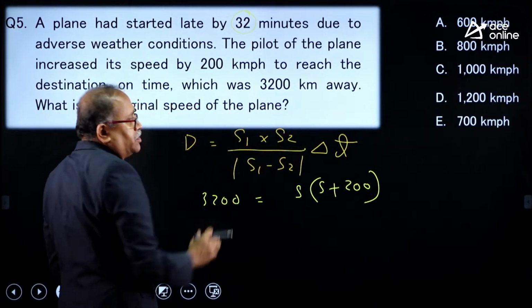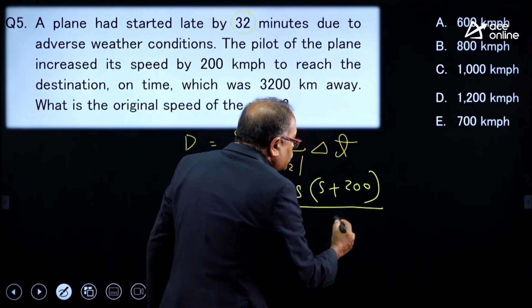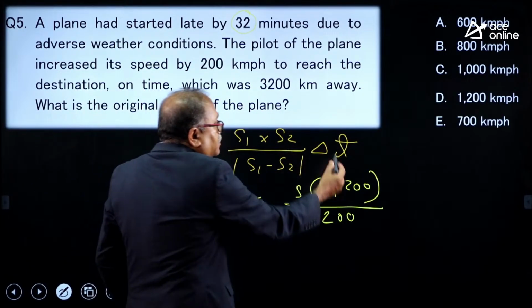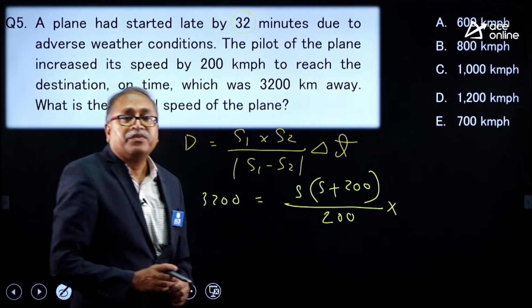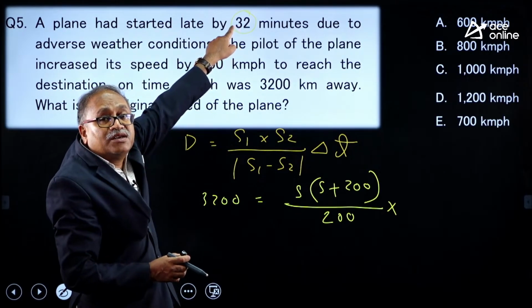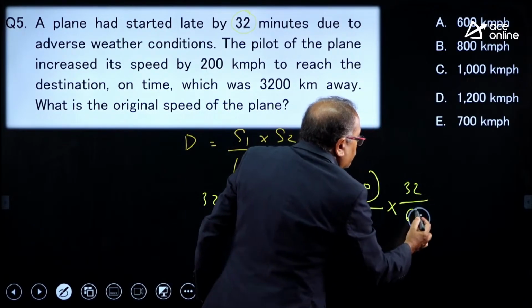So, that is S1 into S2 divided by S1 minus S2. The difference of these speeds is 200, and delta t is nothing but the difference of time. And what is the difference of time in these two different speeds? 32 minutes, which is 32 by 60 here.